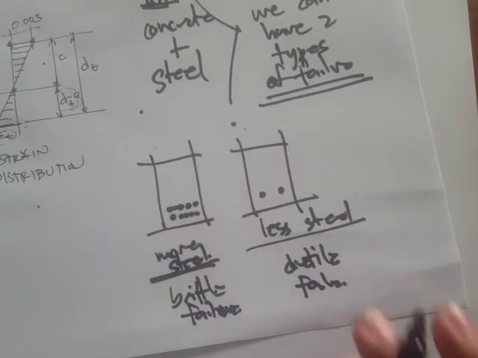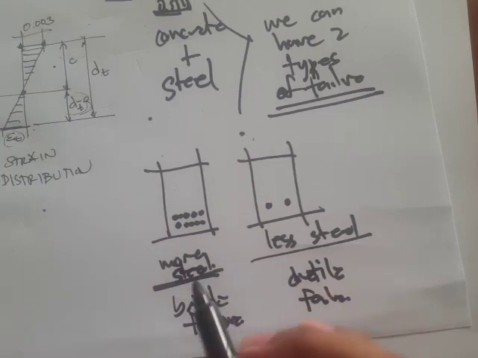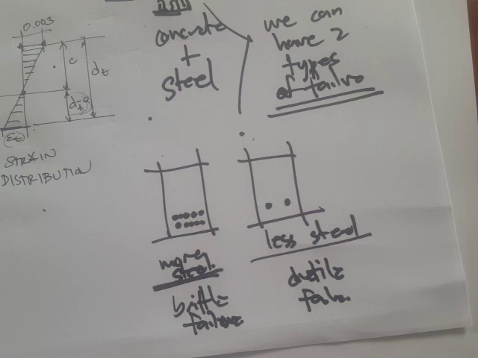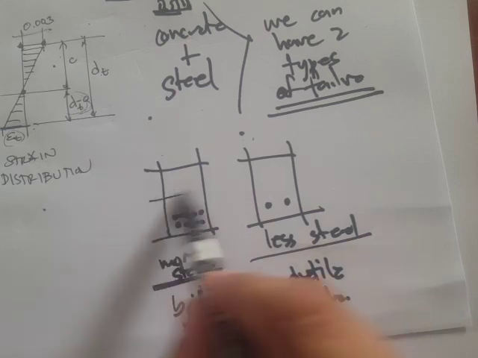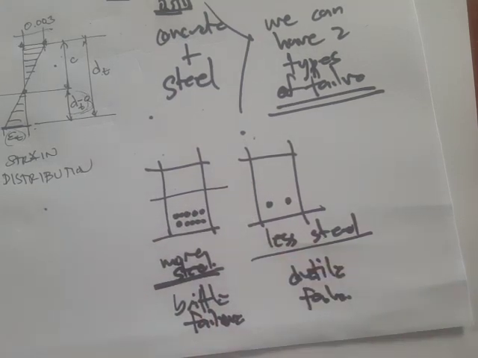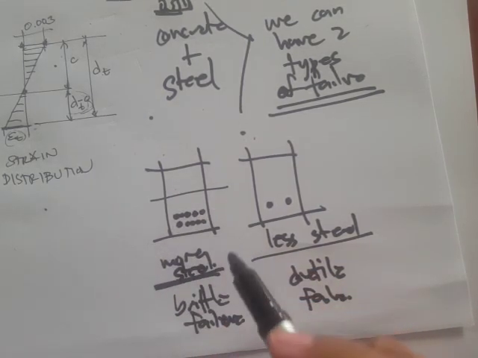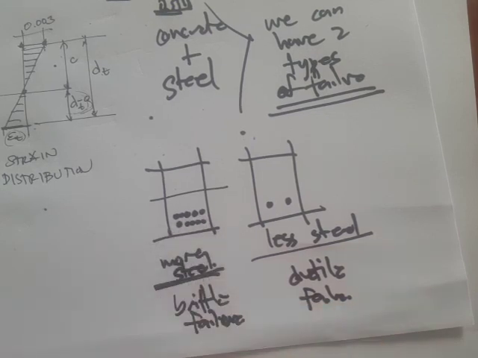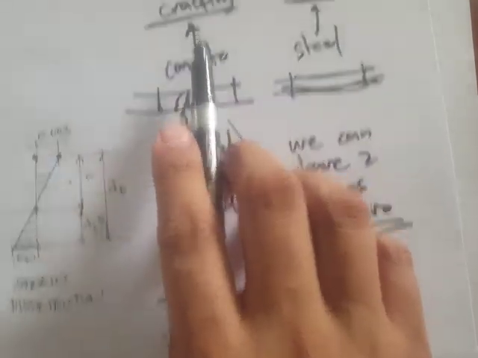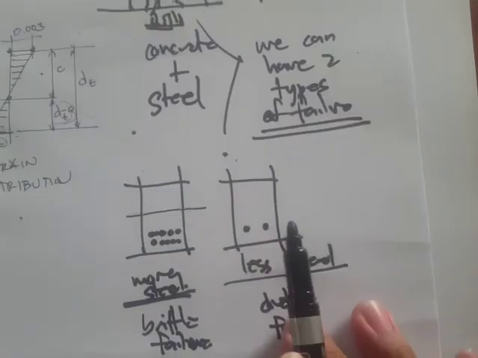So if we have more steel and we put loads, the controlling factor would be the concrete, because the steel is not heavily stressed, as it has a lot of area. The concrete is. So once it reaches the maximum capacity of the concrete, the concrete will fail by cracking. So that's going to be a brittle type of failure.